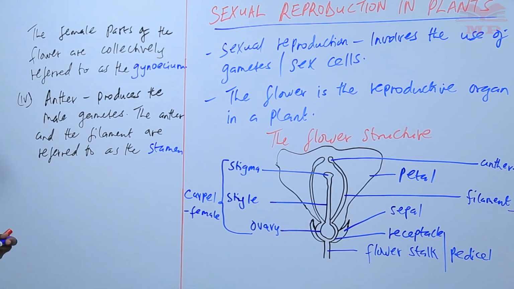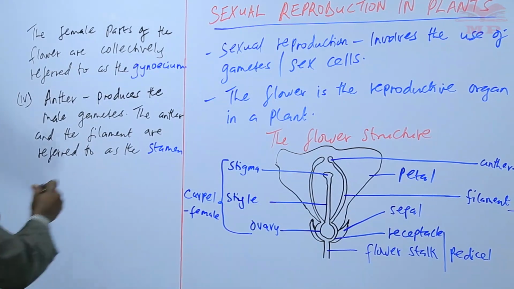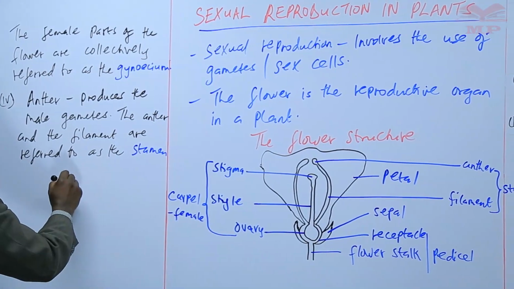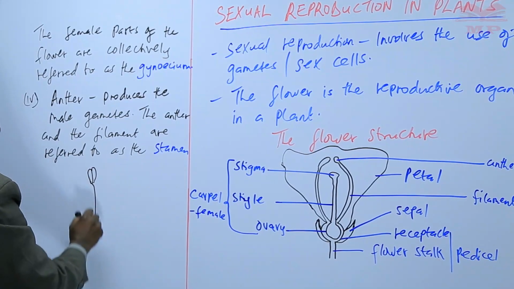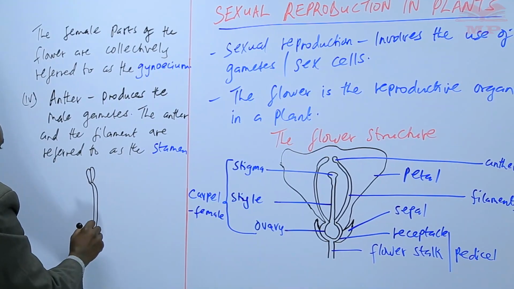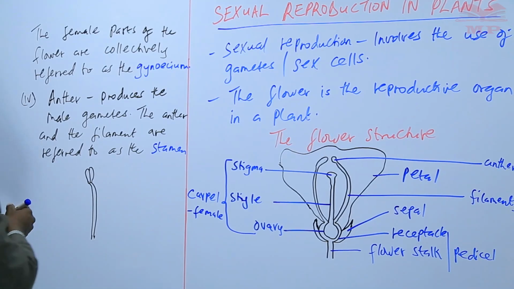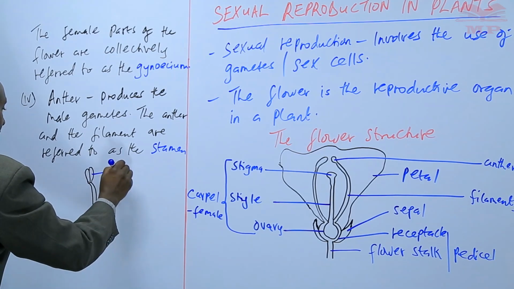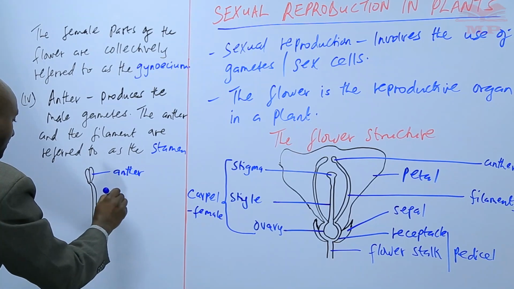And I'll also have a simplified diagram from here. So I have the anther like that, then the stamen. So we have the anther and the filament.